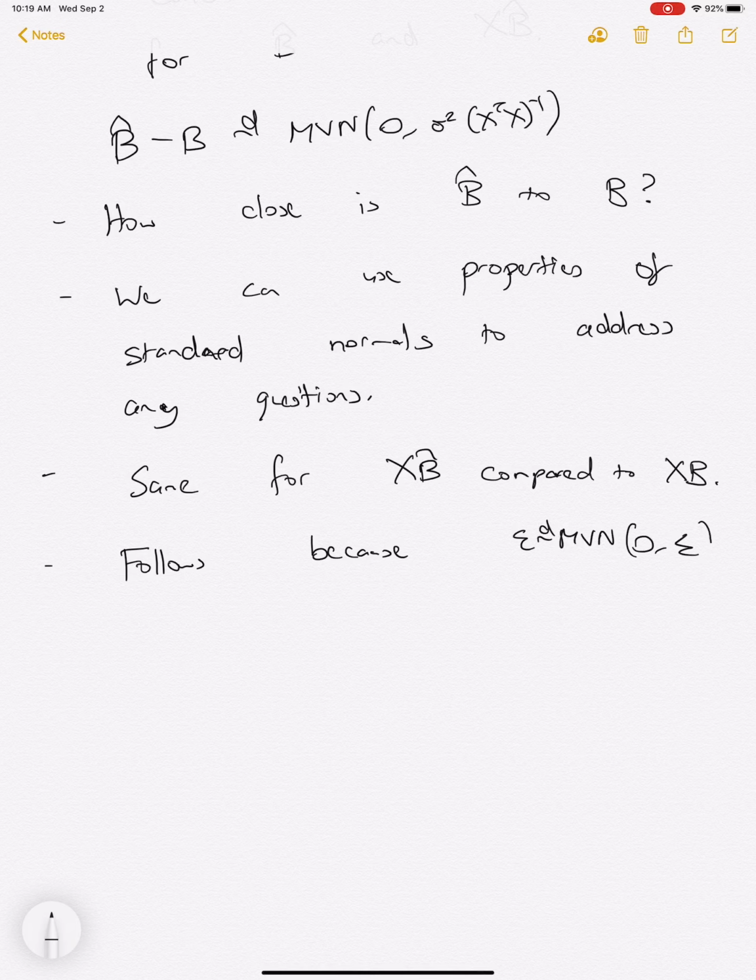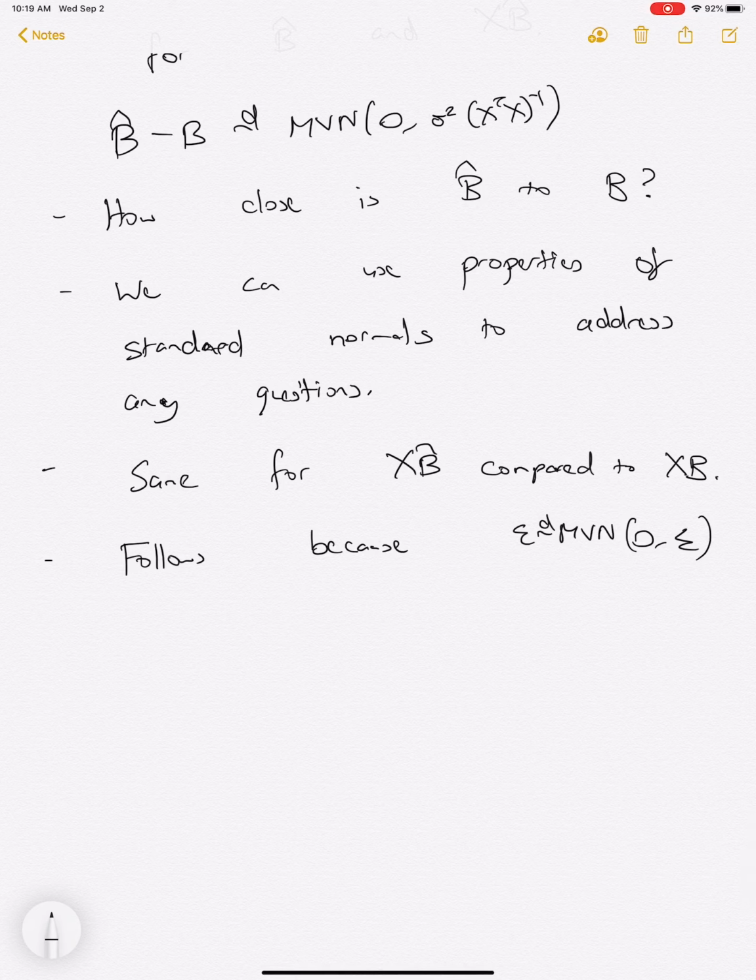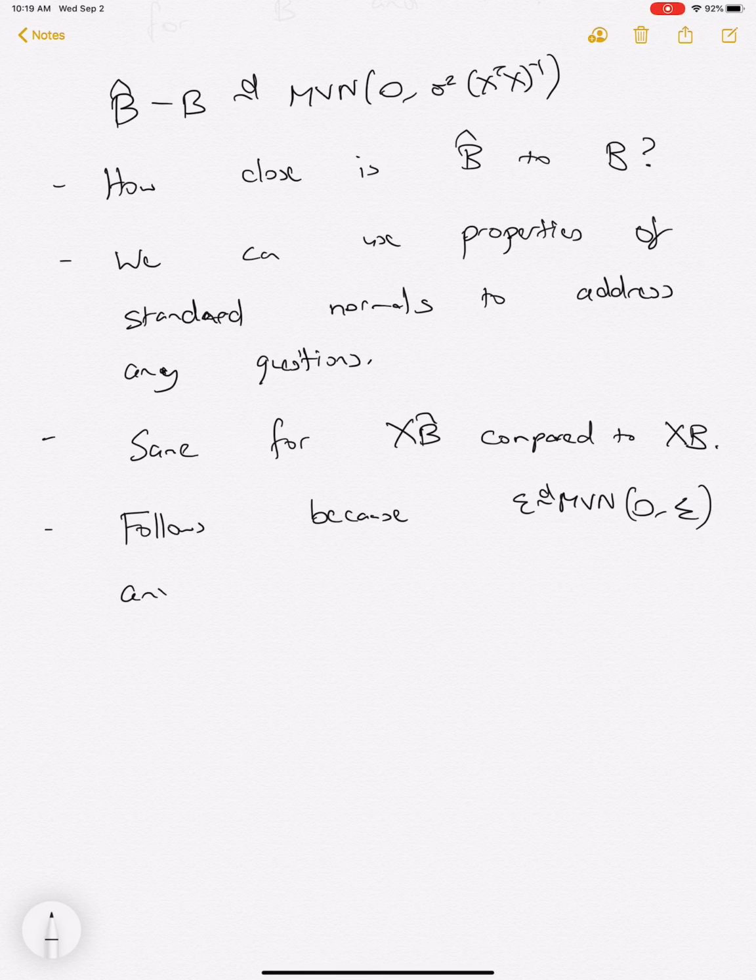And the essence of the reason why we can do this is because epsilon, the noise variable here, is a multivariate normal with mean 0 and variance sigma squared, and both maximum likelihood and least squares are linear estimators.